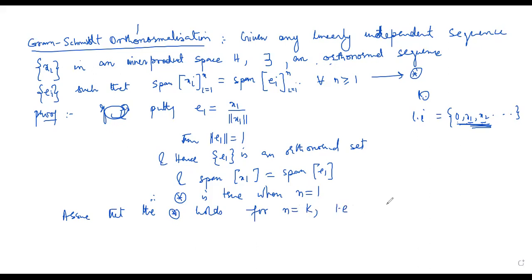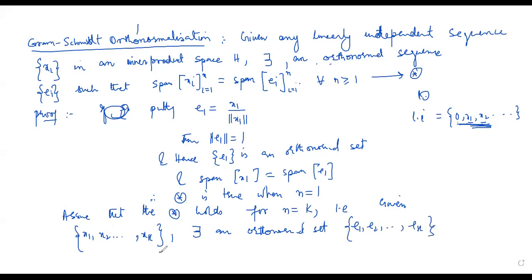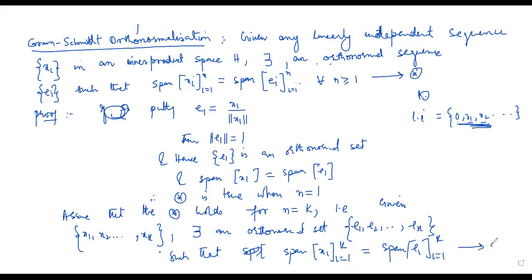That is, given x1, x2 up to xk, there exists an orthonormal set (e1, e2, ऐसे में इसको ब्रैकेट में रखता हूँ, मैंने अब सेट कह दिया) up to ek such that — ये already हमारा induction hypothesis होगा — span of x_i, i runs from 1 to k, is the same as span of e_i, i runs from 1 to k. So let's call it double star.